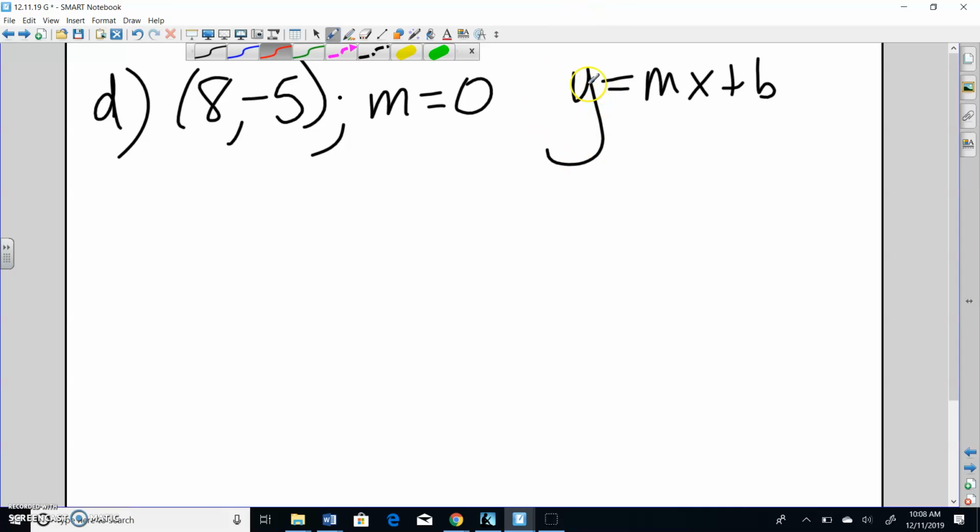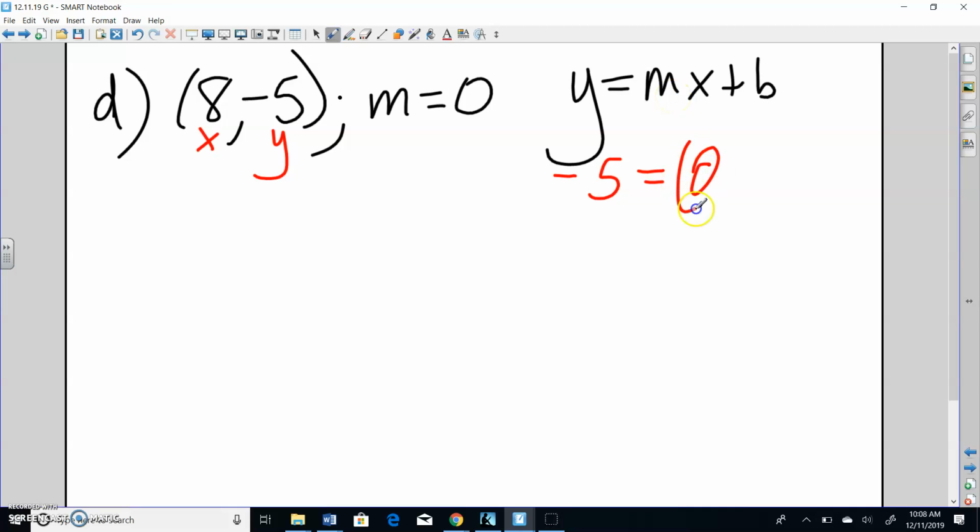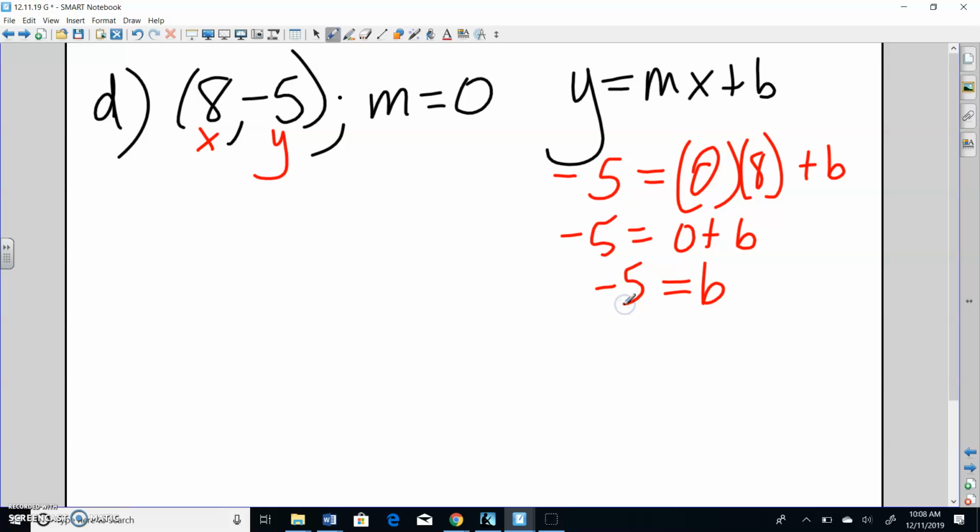What's the y coordinate of the point we're given? So -5 equals 0 times 8 plus b. So we get -5 equals 0 plus b, so b equals -5, correct?